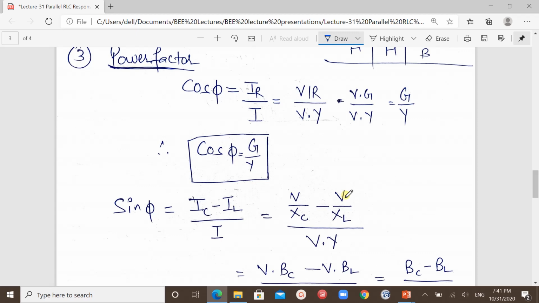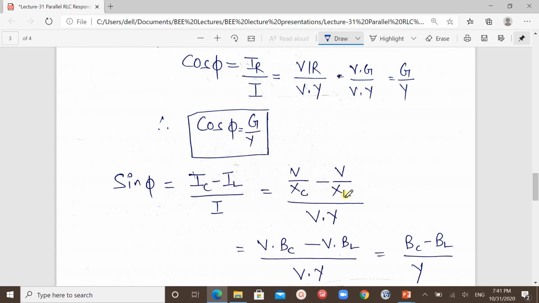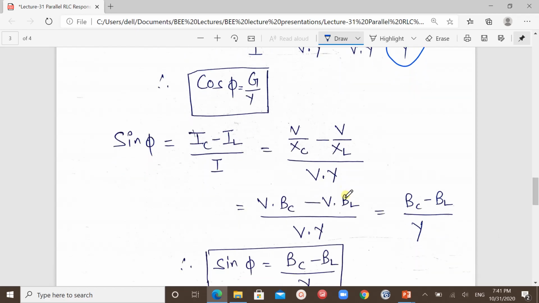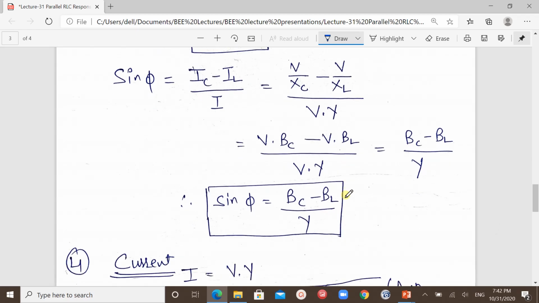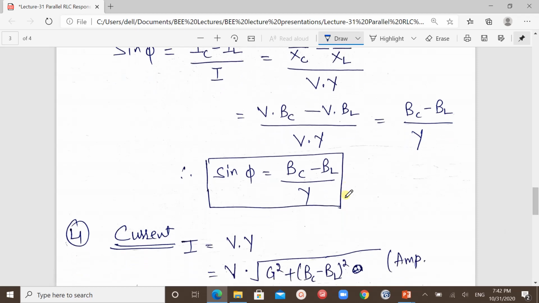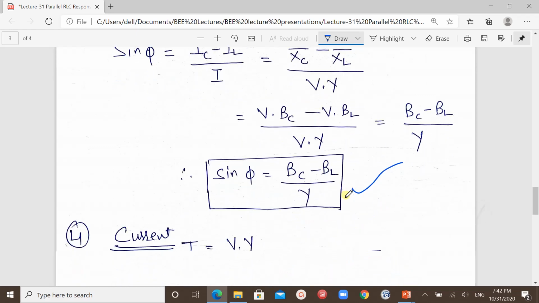V cancels out, and 1 upon R is G, and we get the value G upon Y. So cos phi is equal to G by Y. Sin phi is equal to (IC minus IL) upon I. We put these values: V upon XC minus V upon XL, upon V into Y. So it becomes V into BC minus V into BL, upon V into Y. V comes out common, and we are left with sin phi equal to (BC minus BL) upon Y. So this is sin phi.